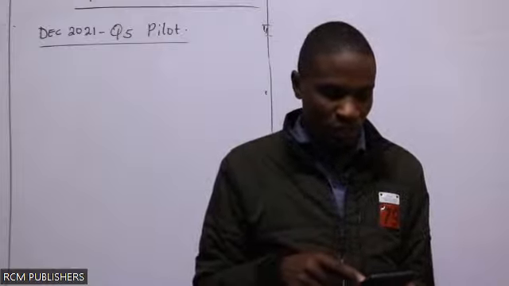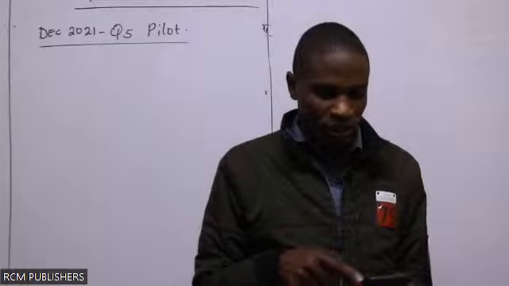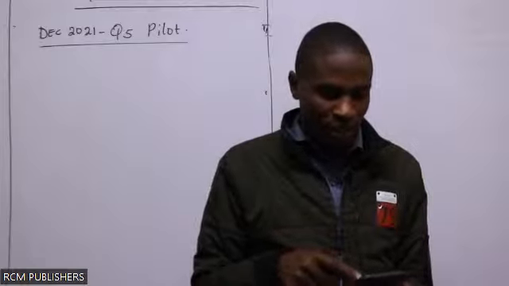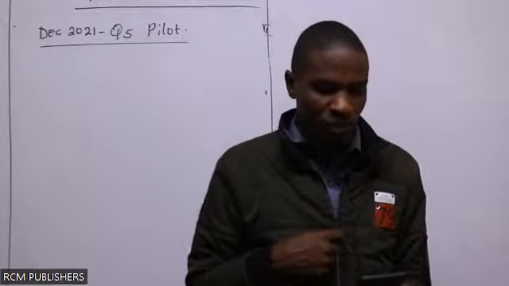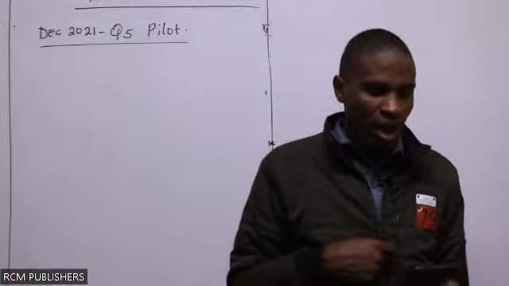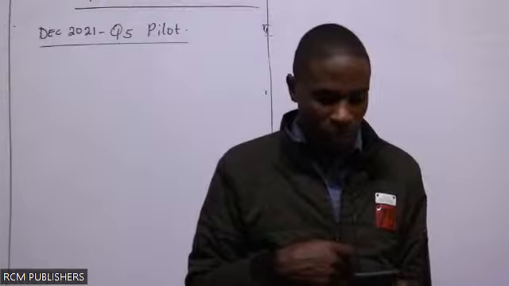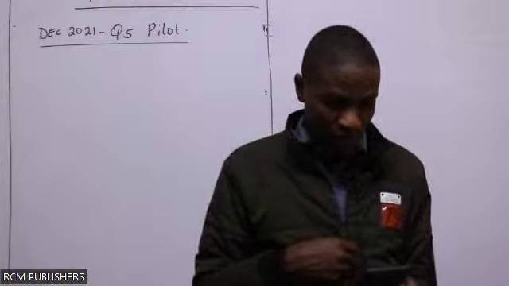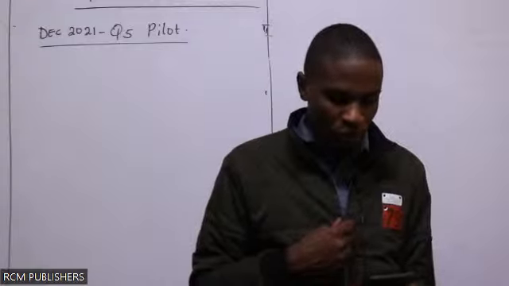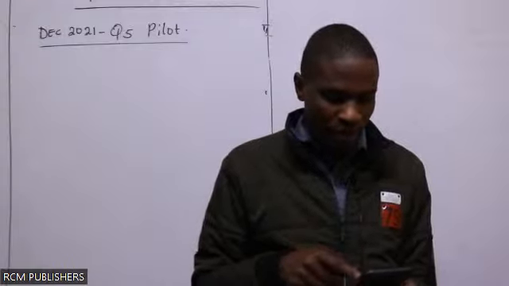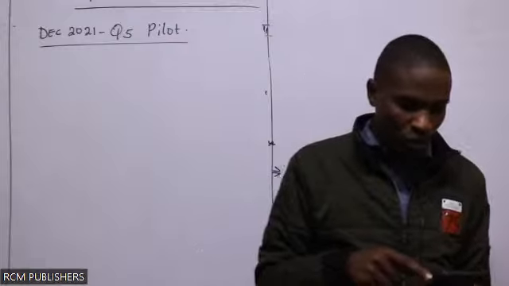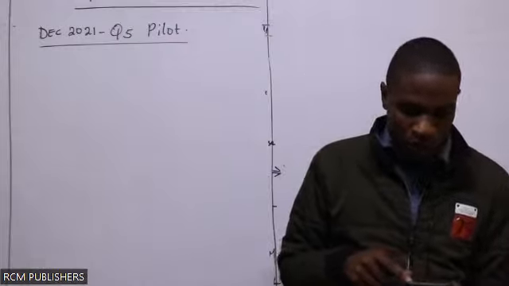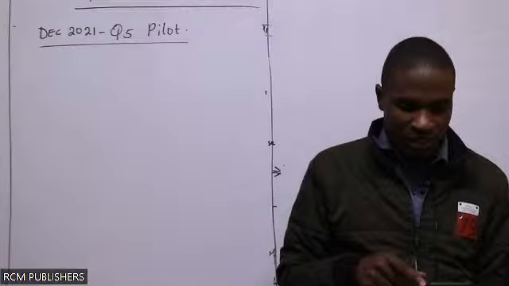Statement of financial position 2020 and 2021. Non-current assets, property, plant and equipment. Current assets, we have inventory, receivables, bank, then total assets. Capital, share capital, retained earnings, non-current liabilities, current liabilities, total liabilities, and total capital and liabilities.